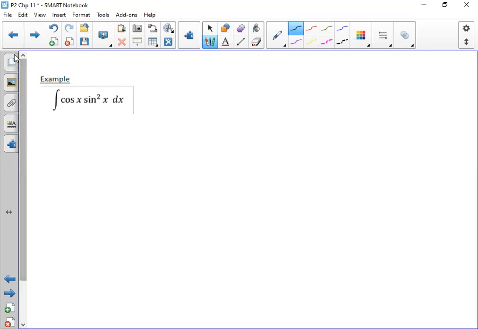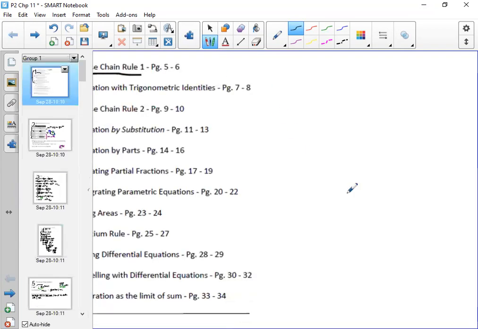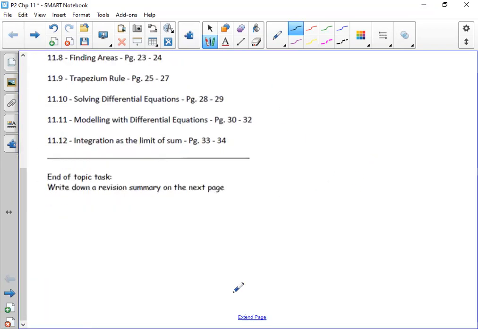So what I want you to do is go on the front page, and then here at the bottom, write down R in here. I'll explain later what it means. Oh, actually, RT. I do have to explain it now, don't I? R stands for reverse chain rule.